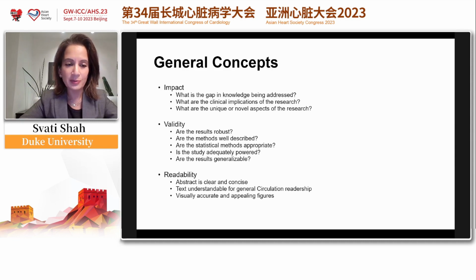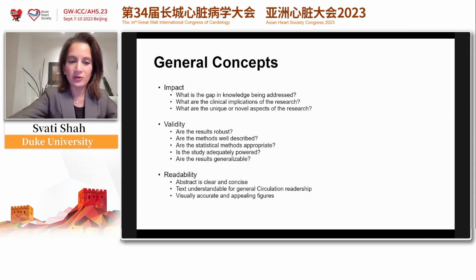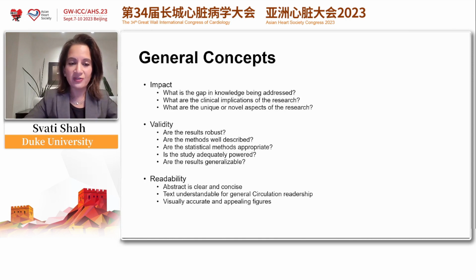And I put it into three categories. One is impact, one is validity, and one is readability. So in the impact space, we really want to understand what's the gap in knowledge that's being addressed. What didn't we know before that the paper is providing data for? What are the clinical implications of the research?